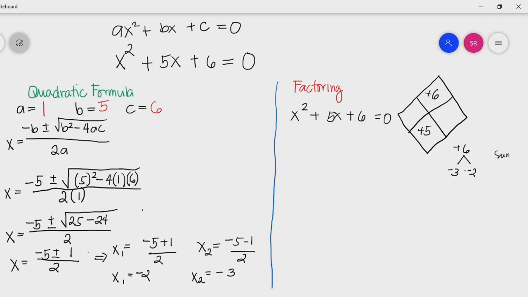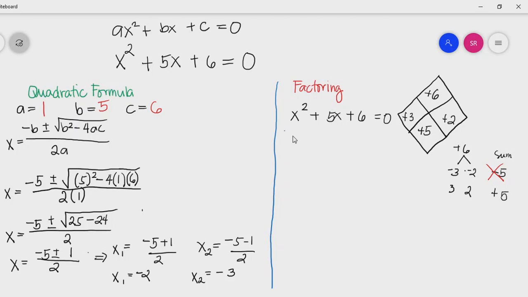And when we get the sum, negative 3 plus negative 2 is negative 5, which is not the same as B. So this is wrong. Now, let's try positive 3 and positive 2, which is also positive 6. And when we add, it will be positive 5. So it's correct. Therefore, we will put positive 3 and positive 2 here.